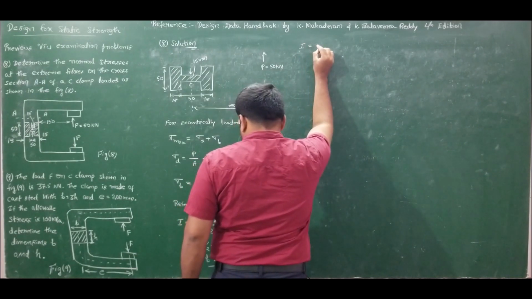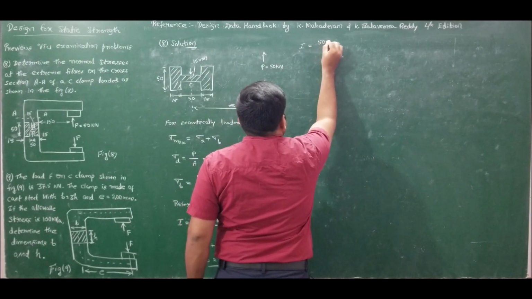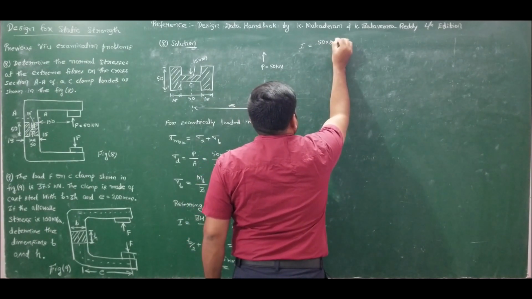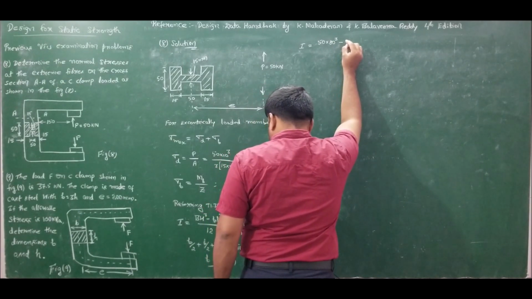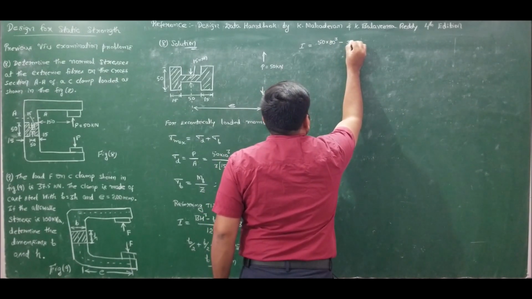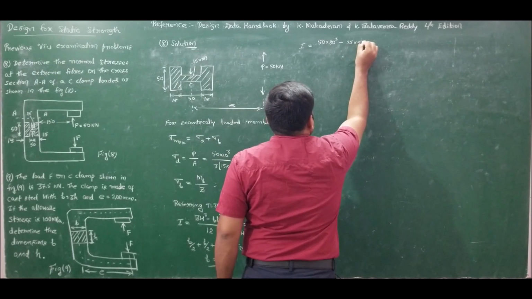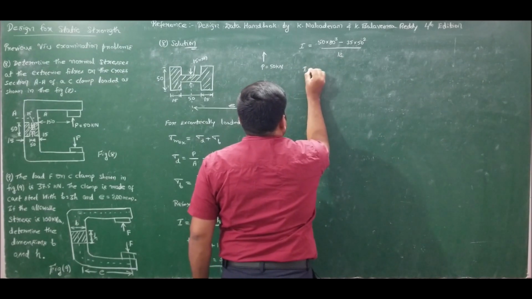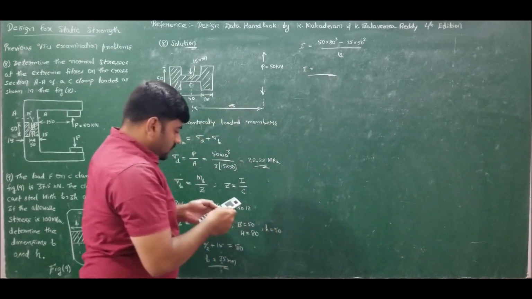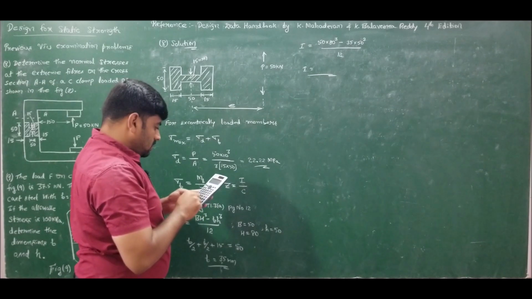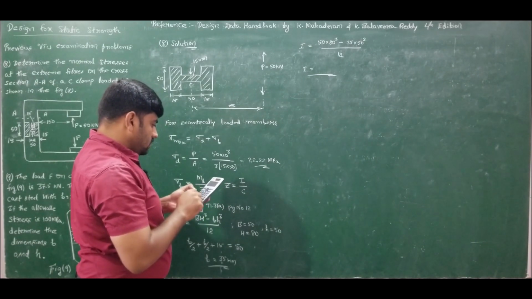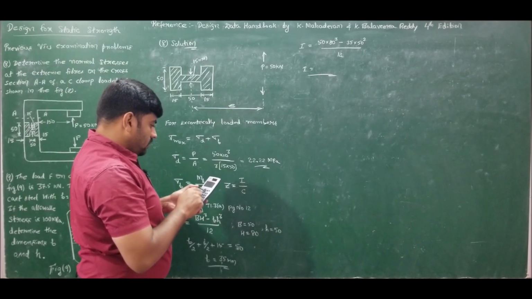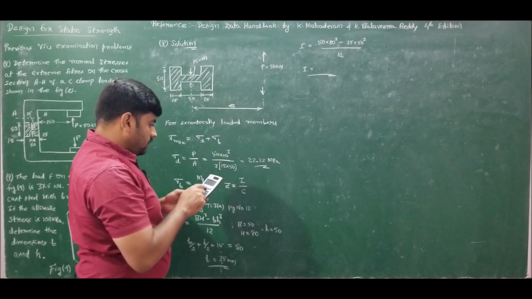So hence moment of inertia I will become capital B is 50, overall depth is 80 cube minus small b is 35 into small h is 50 divided by 12. Hence area moment of inertia will become 50 into 80 cube minus 35 into 50 cube divided by 12.